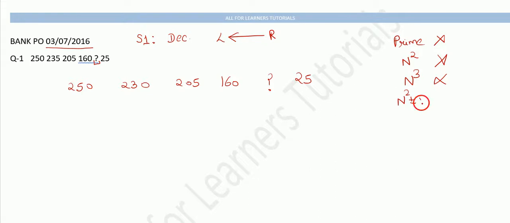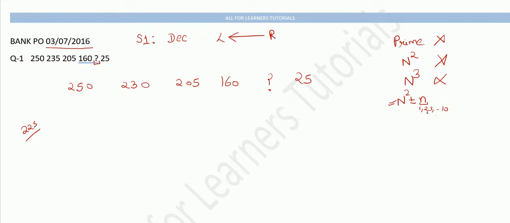So let's check for the n square plus minus n series. 250: the nearest square to 250 is 225, right? And 225 and 250 are too far from each other. So it cannot be this series, because usually this series comes when n is 1, 2, 3 up to 10.